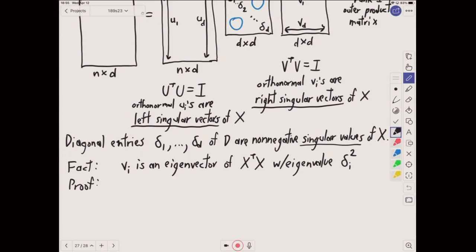This is actually really easy to show. Let's just take X transpose X and write out each X in terms of the singular value decomposition. Well, X transpose is going to be V D U transpose, and X is going to be U D V transpose. And when you do that, you'll notice that U transpose U here in the middle is the identity, so that just goes away. What you're left with is V D squared V transpose.